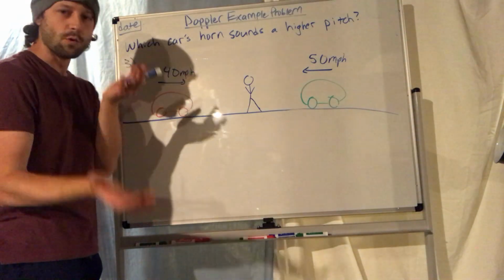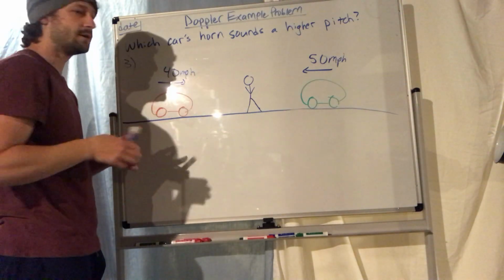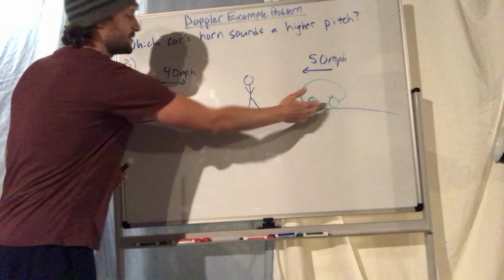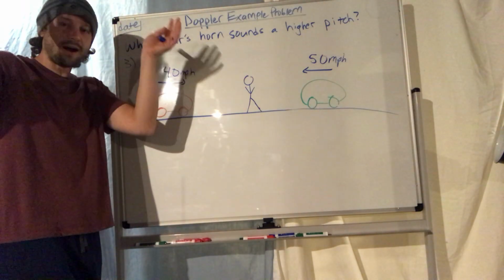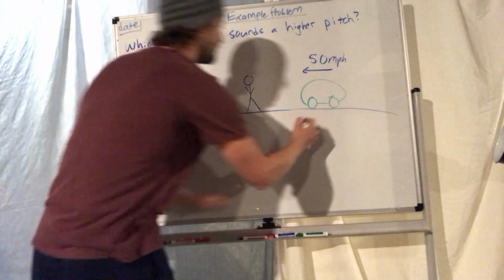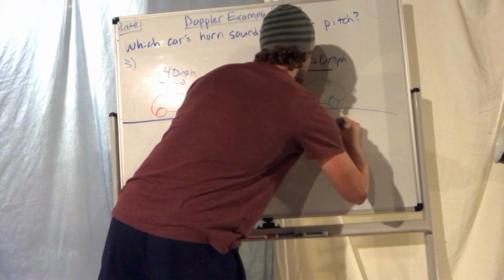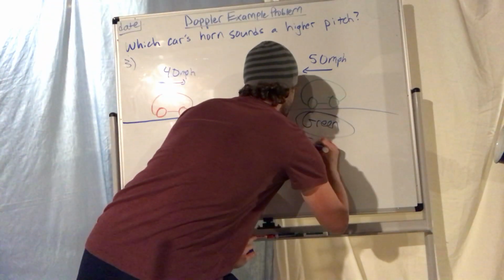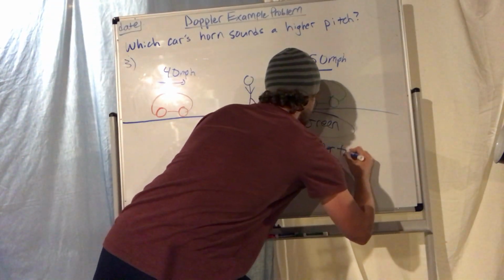But which one is higher, green or red? Well, speed matters. If you head faster towards the person, the pitch gets even higher. So the 50 mile per hour green car is your answer because it is going faster towards the person.